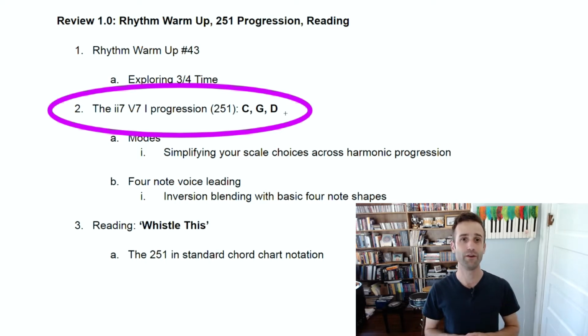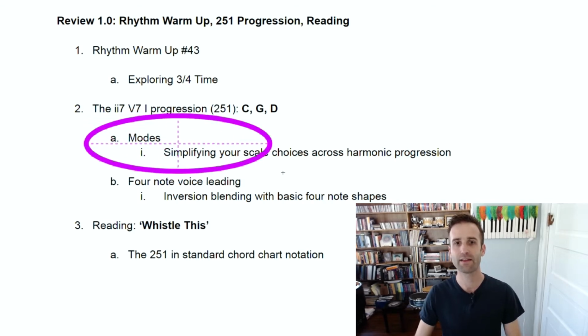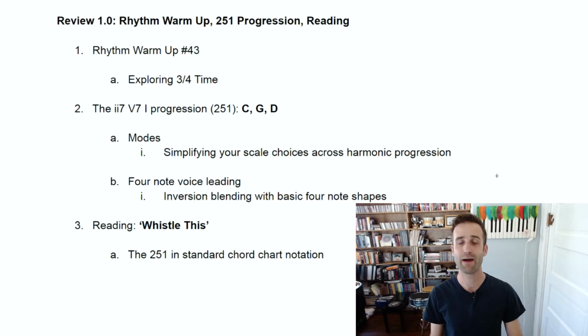So what we're going to be doing is applying the modes that we've learned so far with the chords that we've learned so far, and we're going to see how actually everything that we've learned is going to simplify our lives, all right? So modes, although maybe it seemed like a lot at first when you were trying to remember which mode went with which chord, at this point, we're going to see that that process is meant to simplify our lives, all right?